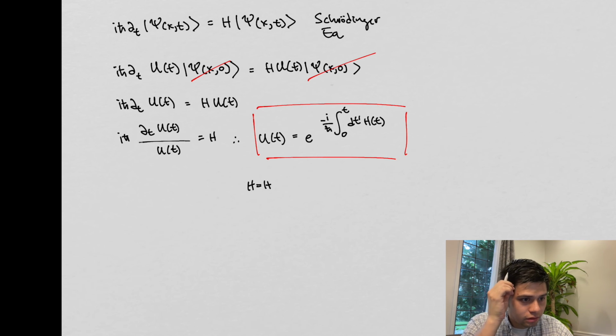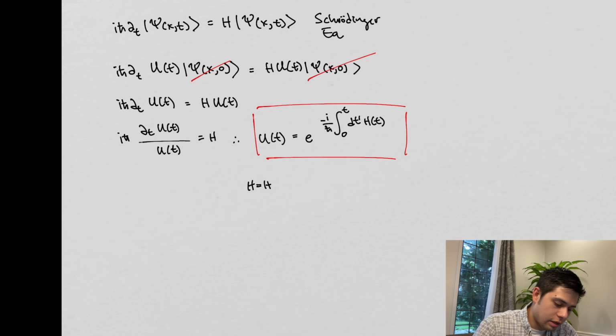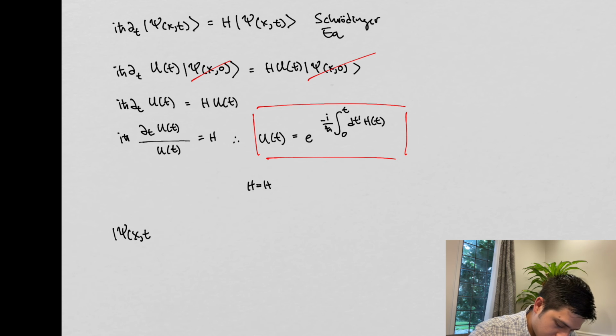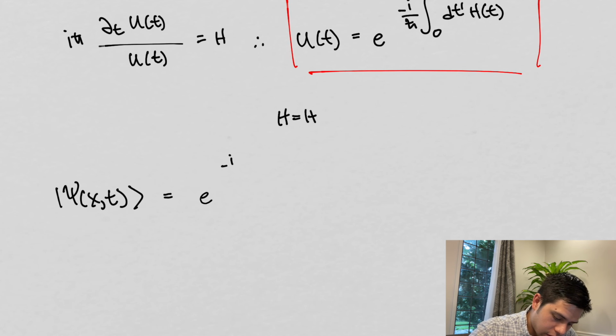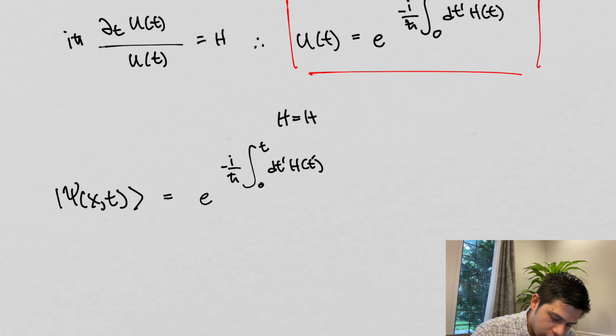So this means that the time evolution operator looks like this, and if we plug this back in to our state, this is equal to e to the minus i over h bar, integral from 0 to t of dt' h of t'.